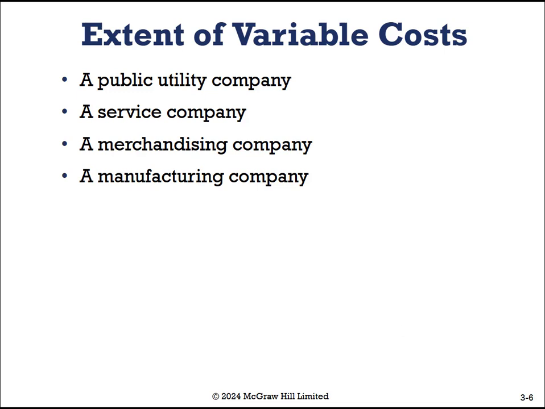Other examples, and really the proportion of variable to fixed costs differ across organizations. For example, a public utility company like an ATCO Electric, a public utility company with large investments in equipment will tend to have higher fixed costs and few variable costs.